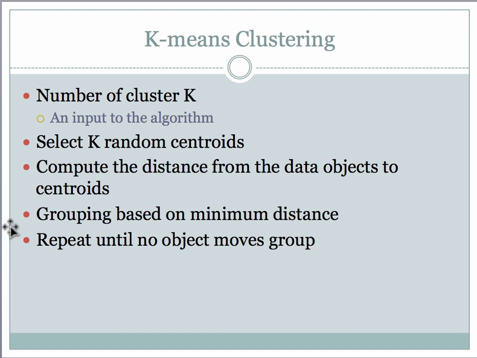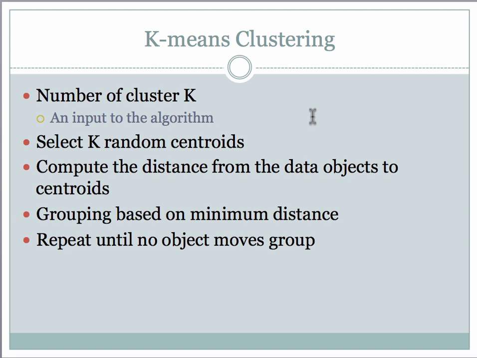The machine will choose 2 random centroids, or however many k is. So if k is 3, we will have 3 points, and then we will compute the distance from each data point, each data object, to these centroids, to the points that we draw.